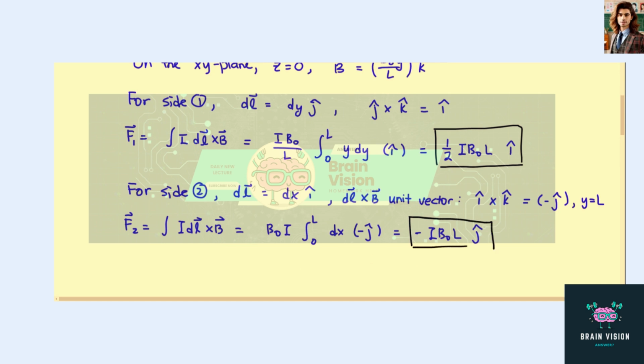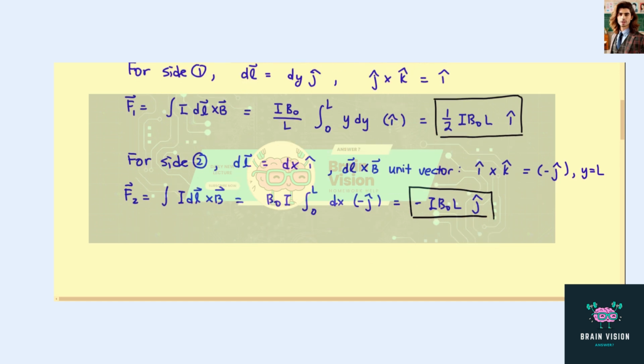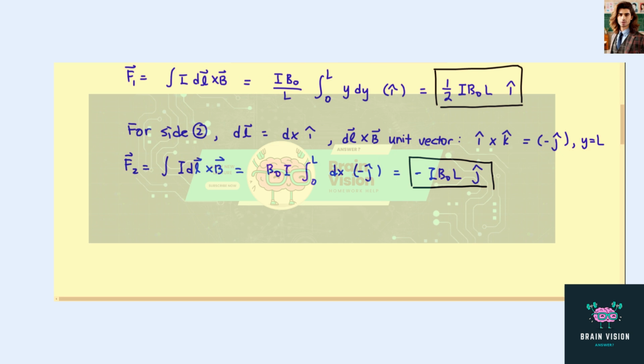Then for side 3, we have dl along dy, j hat, and dl cross the B unit vector is j hat cross k hat, which is equal to i hat.